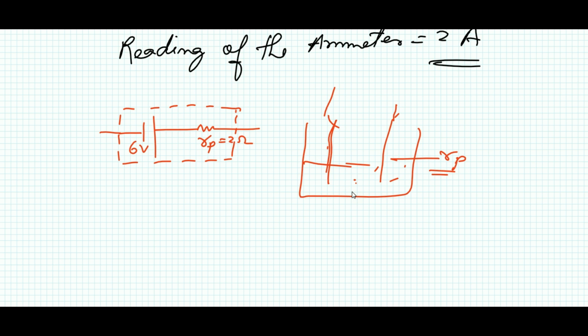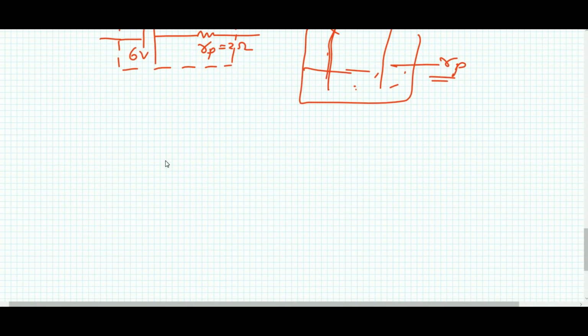So this is the practical case, but the ideal case is always used when we are doing the sum, this one is the ideal case, that is 6 volt, without any internal resistance, okay, right? So this is the third sum, and in the next sum I will do the battery which has internal resistance, okay.